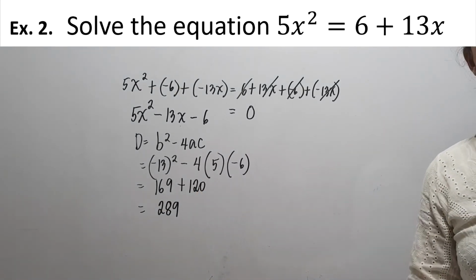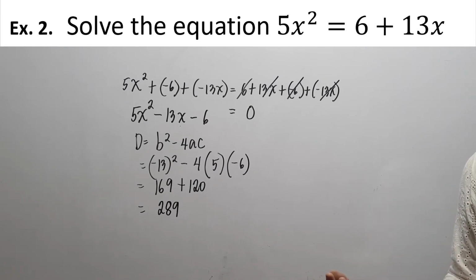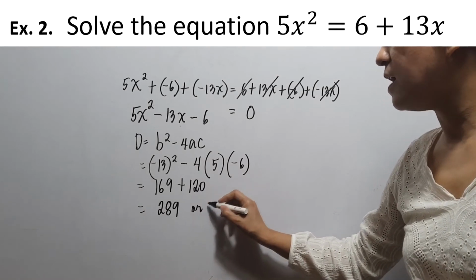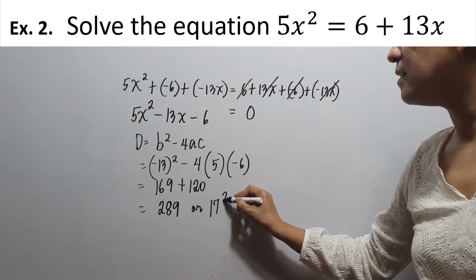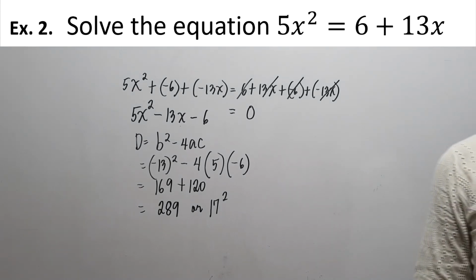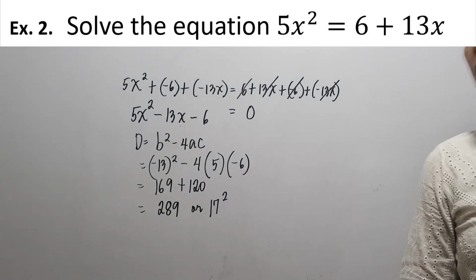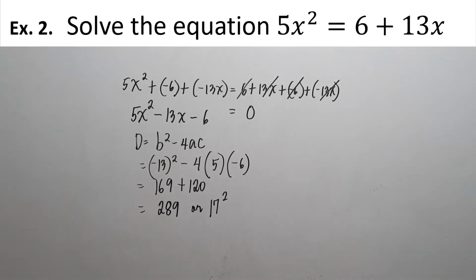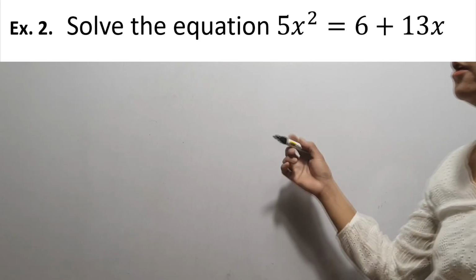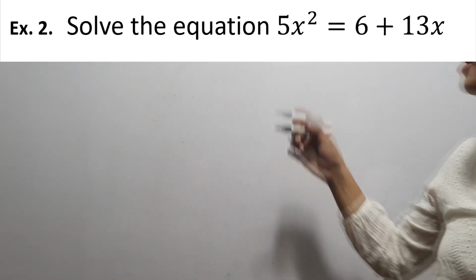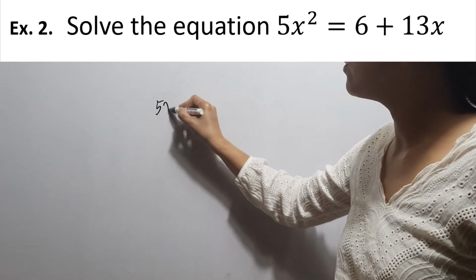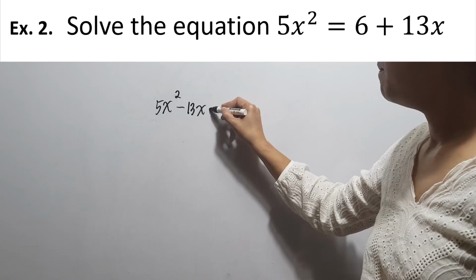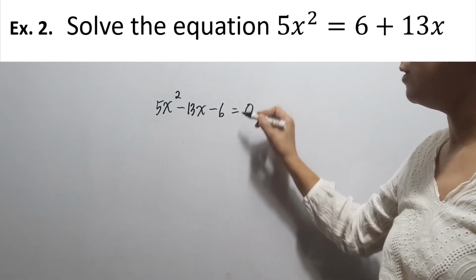And alam natin na 289 is a perfect square kasi ang 289 ay equal sa 17 squared. Or ang square root ni 289 ay 17. So, ayan, napatunayan na natin, na factorable yon. Factorable ang ating given trinomial. 5x squared minus 13x minus 6 is factorable.